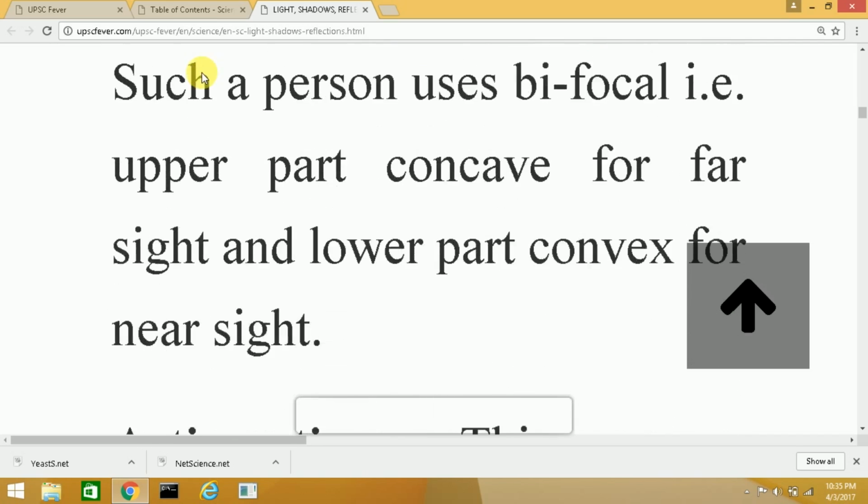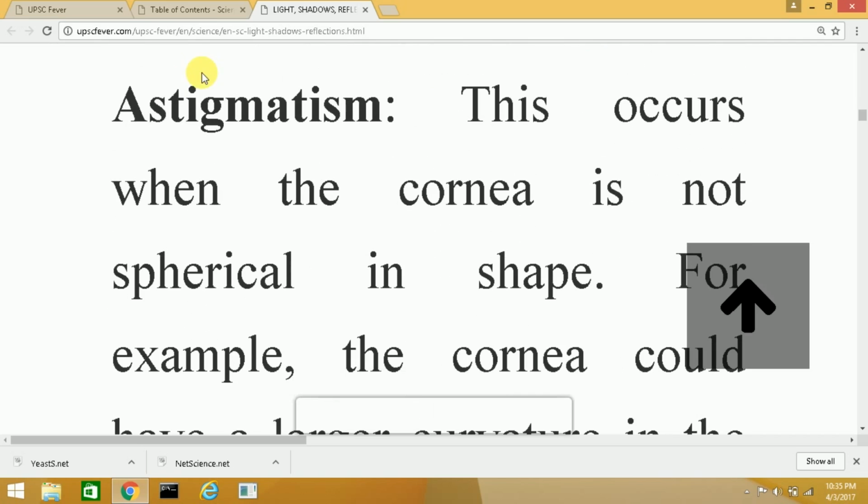Astigmatism is another disorder. This occurs when the cornea of the eye is not spherical in shape, and so for a person with such a defect, the object when viewed through the eye looks like a wire mesh or a grid of lines. So focusing on either the vertical part of the object or the horizontal part of the object may not be as sharp as it is through a normal eye, and hence astigmatism makes viewing through the eye very difficult.